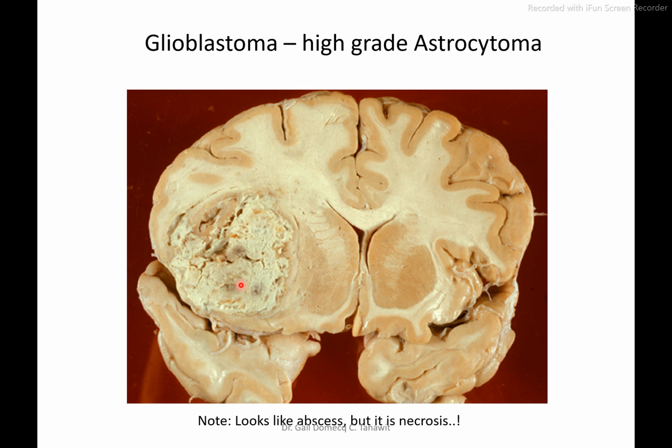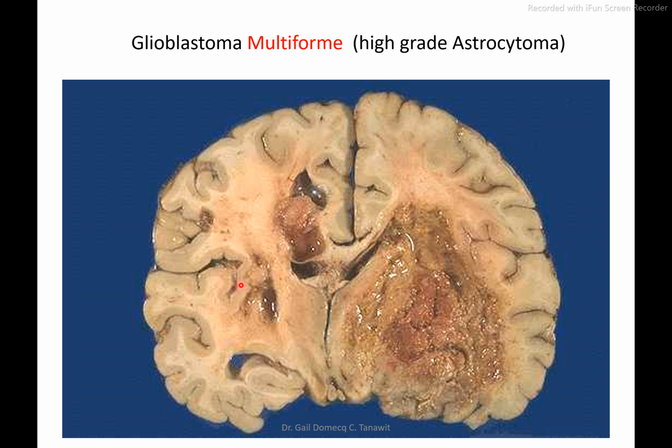Pero until proven otherwise, kailangan pa rin i-biopsy, is it a TB or a GBM? Okay? Kasi ang TB ganito rin, magkakaroon ka rin ng necrosis, caseation necrosis. So this is another picture of a patient with a GBM, necrotic brain.